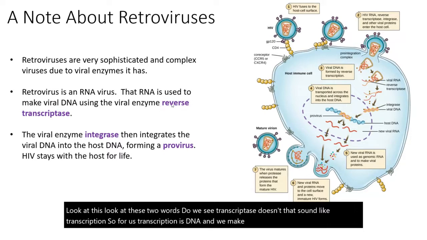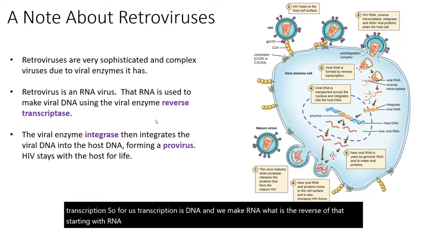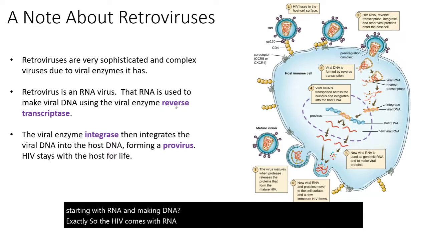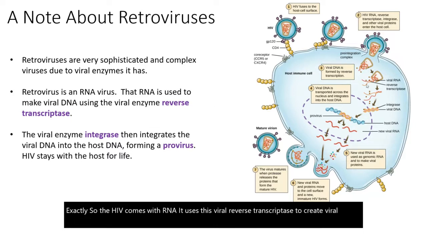Well, what is the reverse of that? Starting with RNA and making DNA? Exactly. So the HIV comes with RNA. It uses this viral reverse transcriptase to create viral DNA. Okay, so that's what's happening over here in this picture as well.